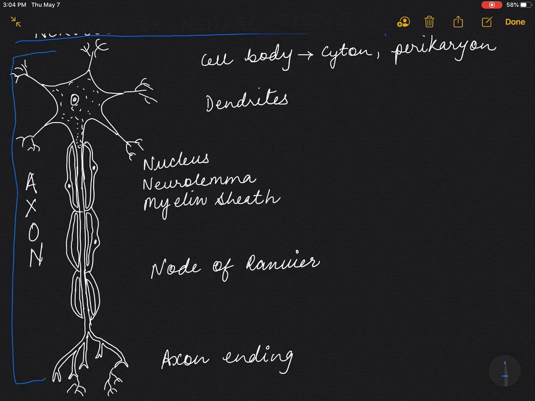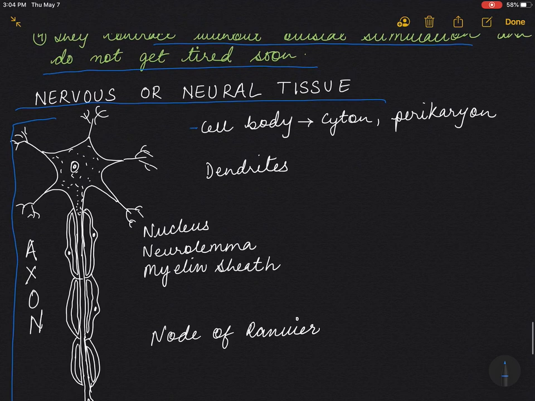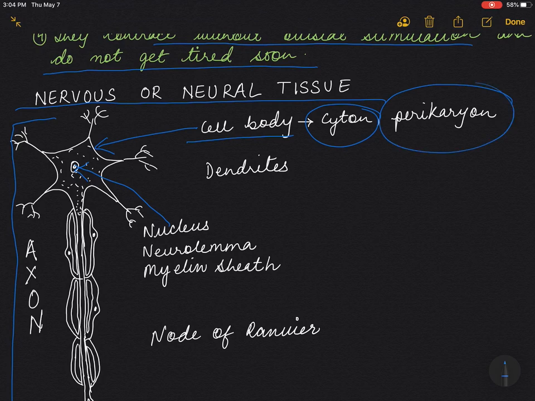Each nerve cell consists of a star-shaped cell body, which has a nucleus at the center. The cell body is also known as cyton or perikaryon. So at the ends of the cyton, there are dendrites or many dendrons.